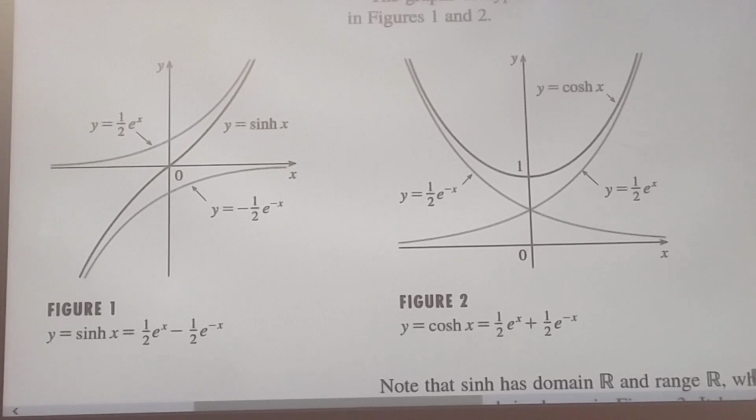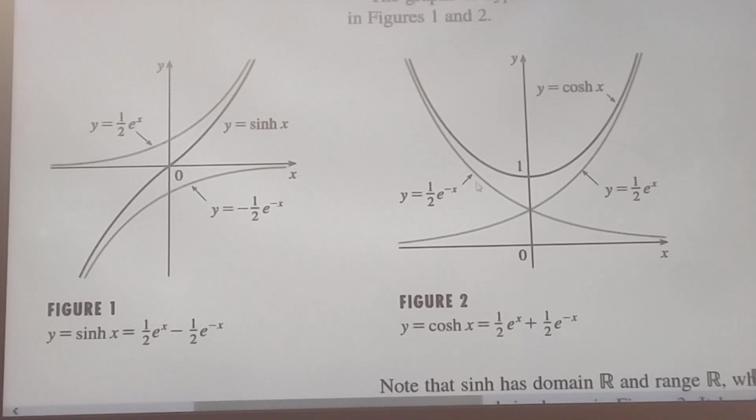We have the graph of y equals half e to the power x, and then we have the graph of y equals negative half e to the power negative x. What you must know here is that first you reflect half e to the power x along the y-axis, and you obtain this graph when you reflect it along the y.